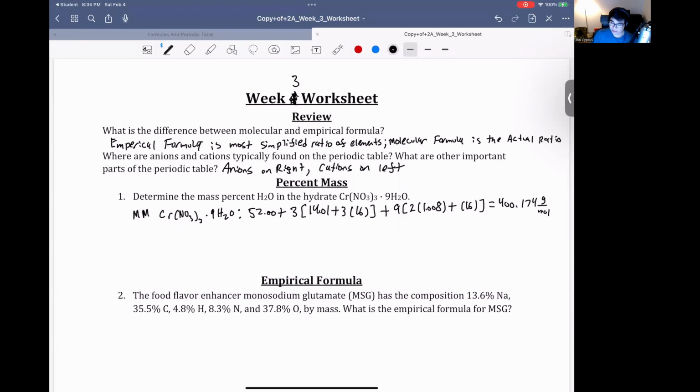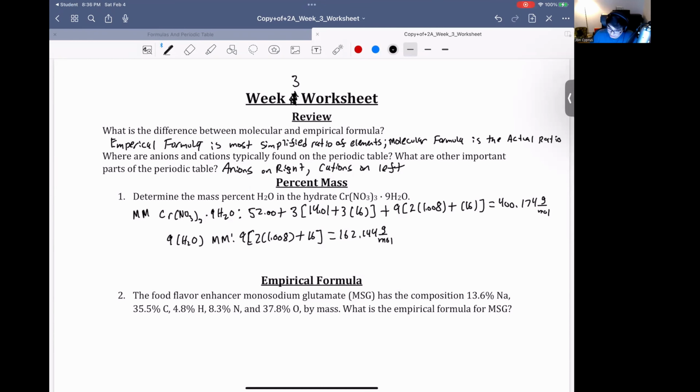Now I'm going to just look at the water for this next part, right? So 9 times H2O, right? The molar mass. What is that? I have it at the end here, right? It's 9 times 2 times 1.008 plus 1 oxygen. And we end up getting 162.144 grams per mole. And now we're just going to go ahead and take the mass contributed by water, right?